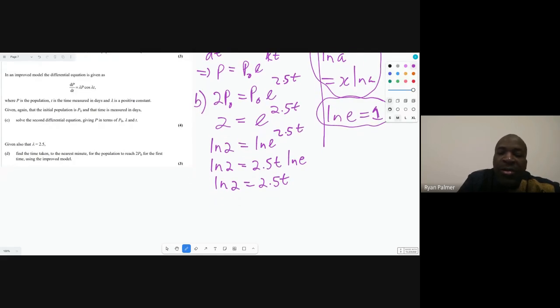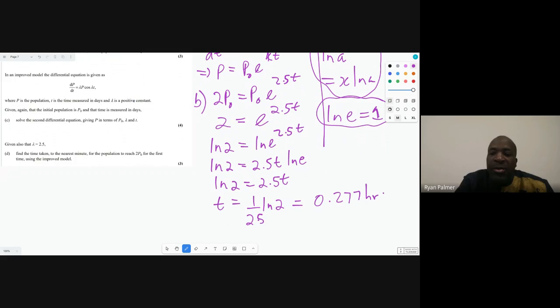If we continue to solve for t, t is going to be equal to 1 over 2.5 ln2. So we type this into the calculator, and then we will get the final answer. So we have 1 over 2.5 times ln2.